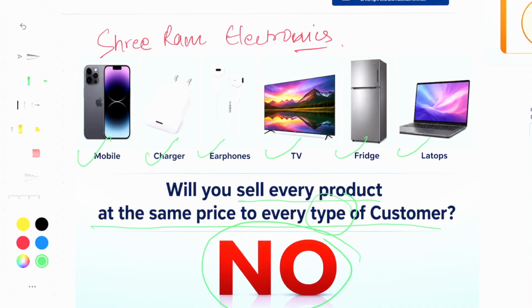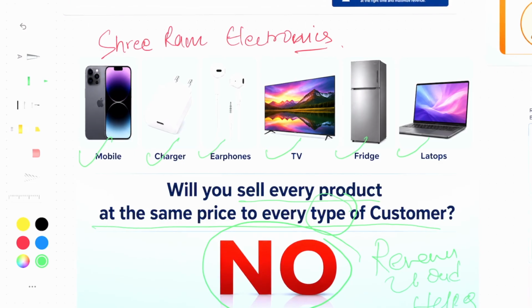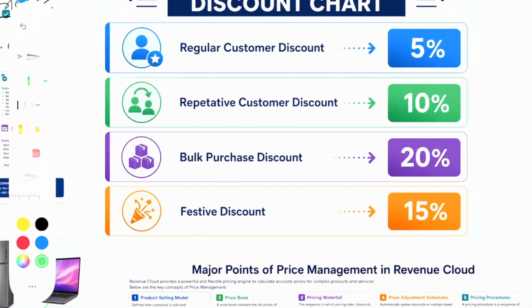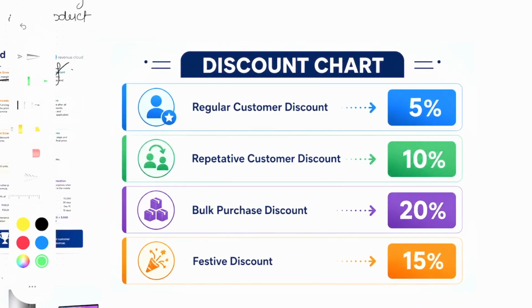So here is where Revenue Cloud helps. Let's suppose we have a discount chart. If you are a regular customer, you get 5% discount. If you are a repeat customer, you get 10% discount.